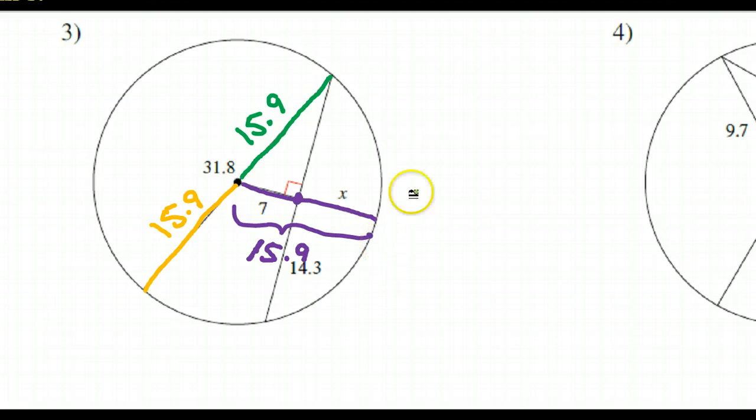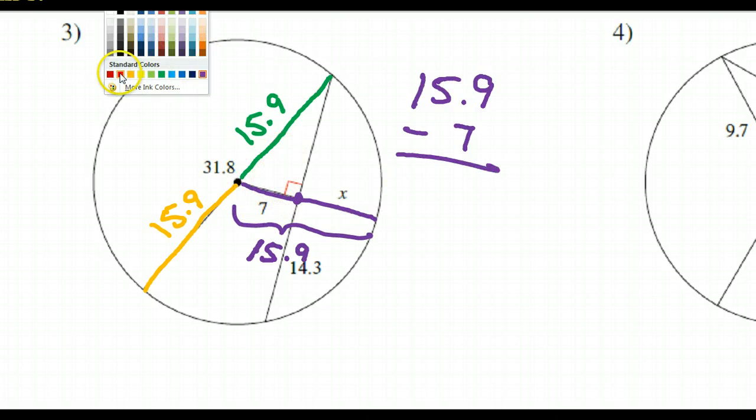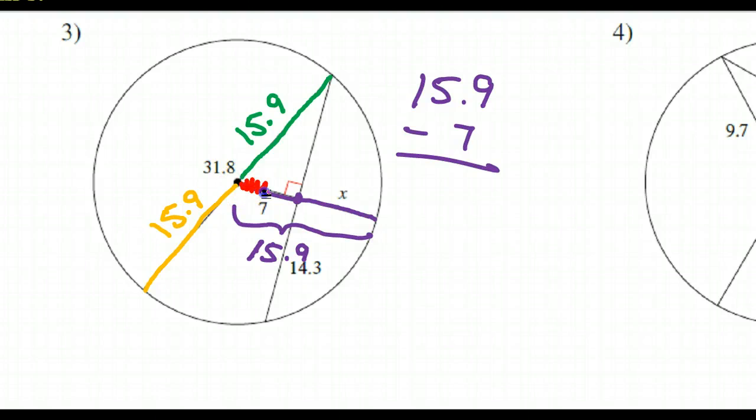If the total is 15.9, if I take that 15.9 and I subtract the 7 part away from it, you know what I mean? So just imagine that if I took the 7 away, that would leave x. All right, so that's how I find it. So that is going to be 8.9. All right, so that should be x.